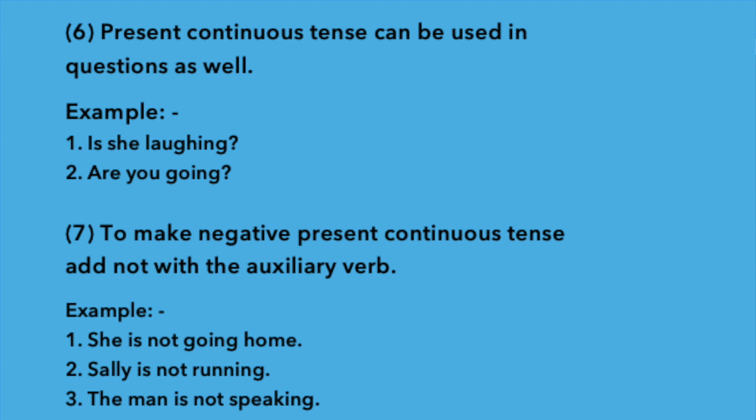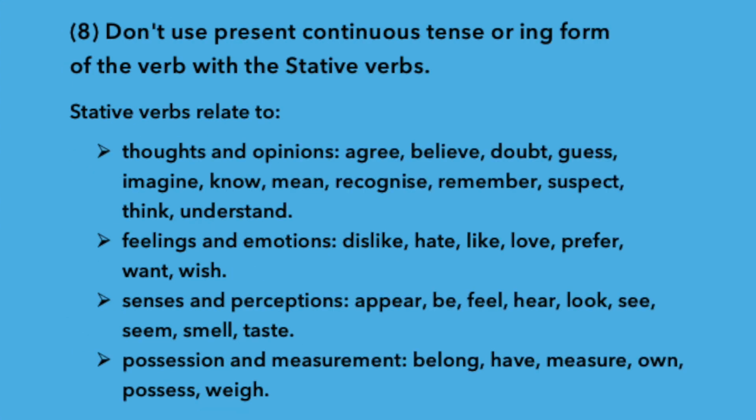There are certain verbs that cannot be used in the present continuous tense. They are called stative verbs. Stative verbs describe a state rather than an action. They are not usually used in present continuous form. They relate to thought and opinion.